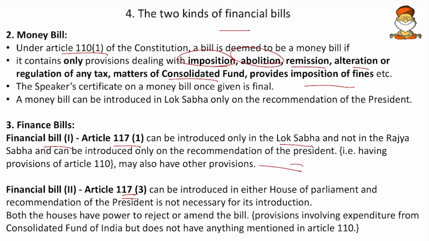So this first type of bill is more like a money bill, because it has the provisions of Article 110, okay, and it also has other provisions. So it has some provisions which are present in the money bill also, but along with that it has other provisions. Say for example, if there is a law that also imposes some cess and surcharges, that is imposition of tax. So such ones will become financial bill 1.